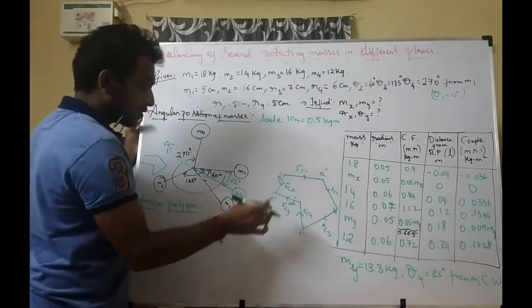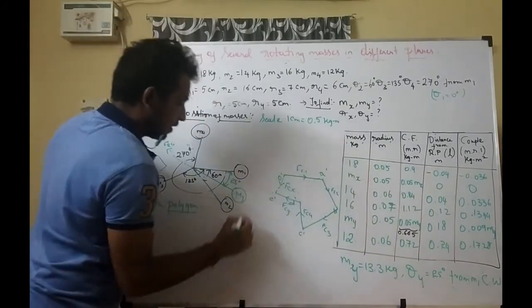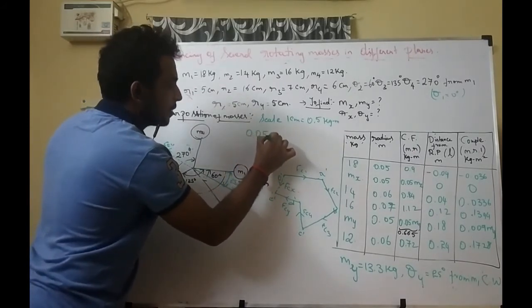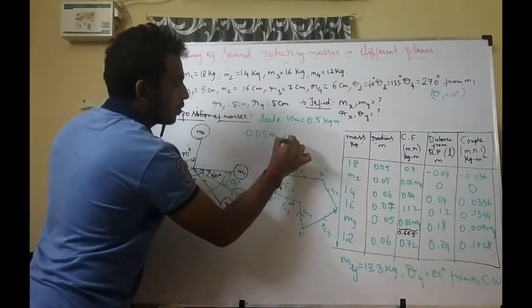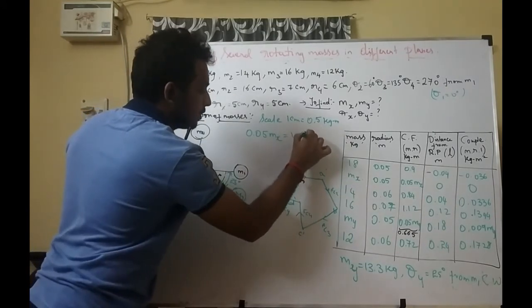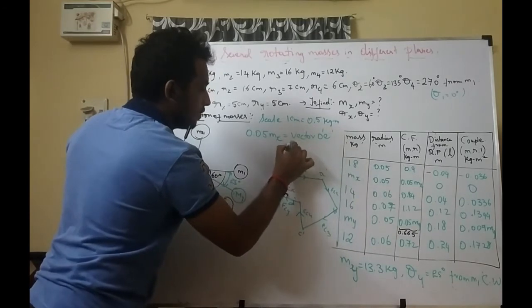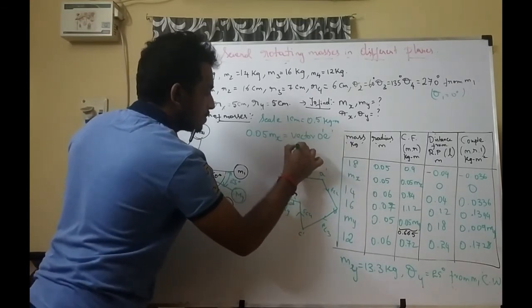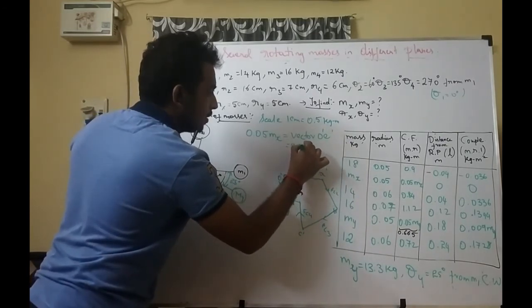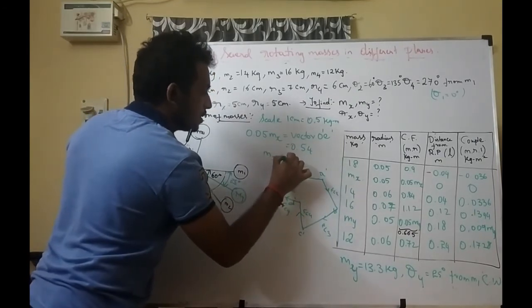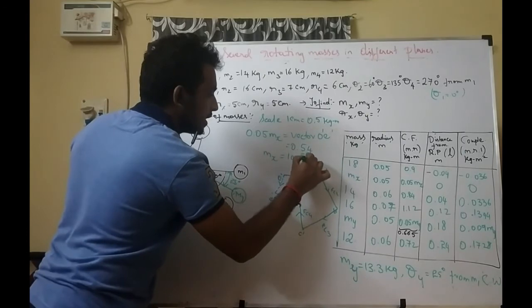From here, 0.05 mx is equal to the vector O dash E dash, which from measurement we get as 0.54. So mx is equal to 10.86 kg.